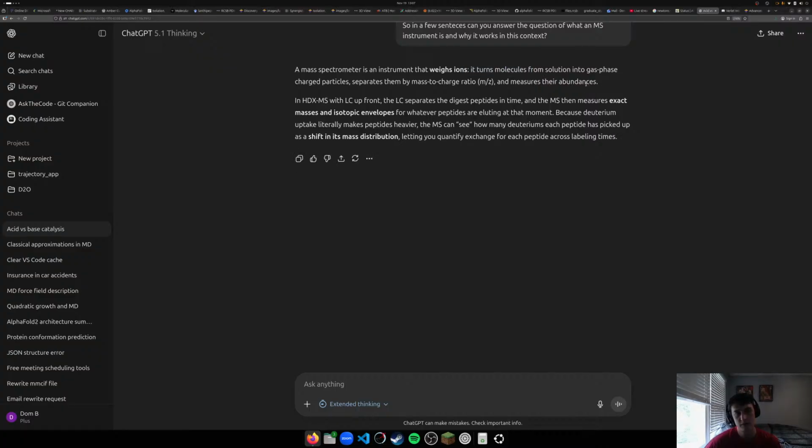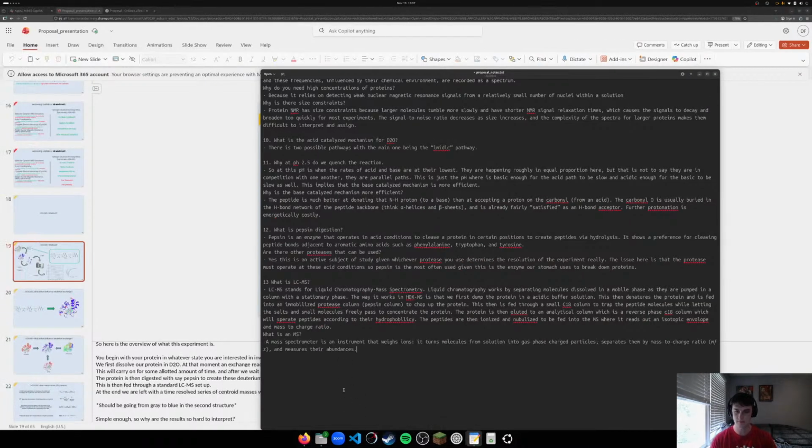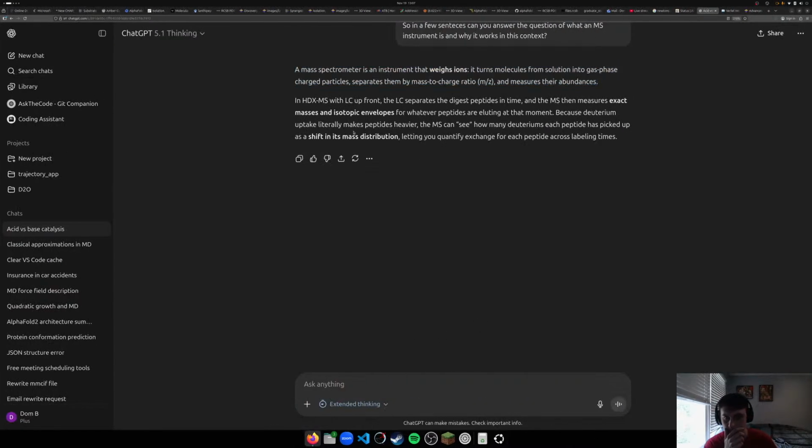It turns molecules from solution into gas phase charged particles, separates them, and measures their abundances. It weighs ions. LC separates and then the MS measures exact masses because of deuterium.